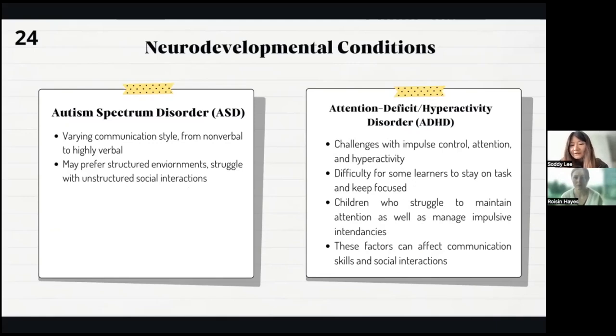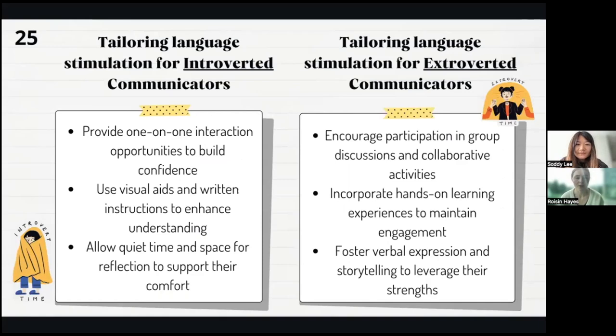They may have difficulty staying on task and keeping focused. Children who struggle to maintain attention as well as manage impulsive tendencies, and these factors can affect communication skills and social interactions. To support language development, we need to tailor our instruction to individual needs and preferences.